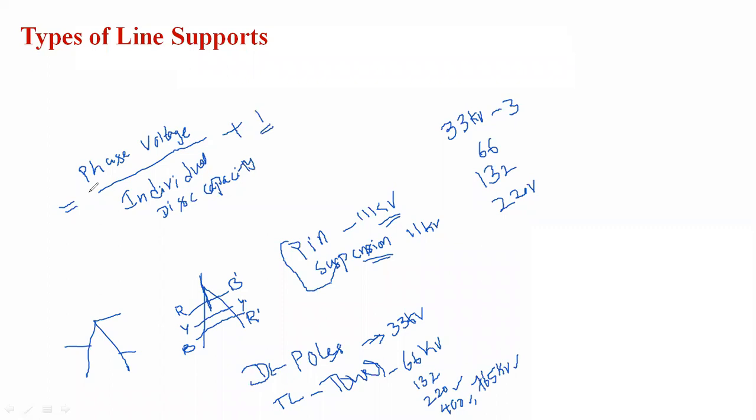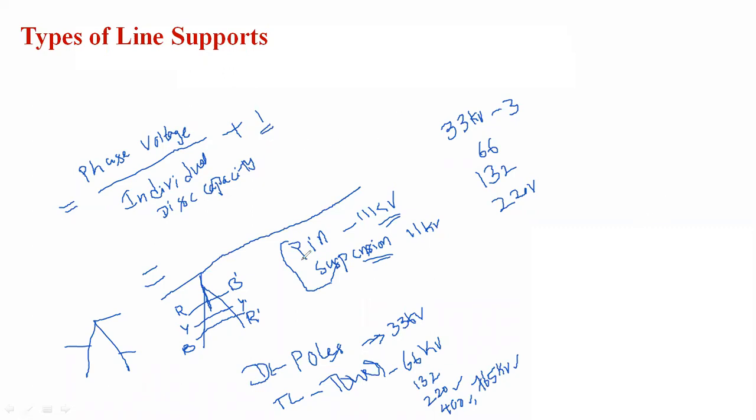Like that, we can calculate how many discs are connected in series. For 33 kV, we can directly take 3 discs in series. For 66, 132, 220, 400, and 765 kV, we can't directly divide by 11. We need the phase voltage.